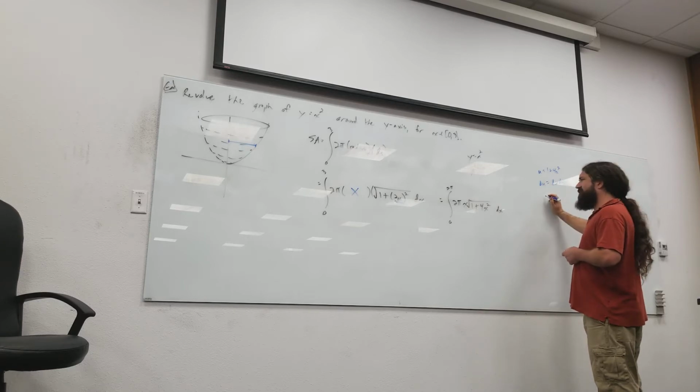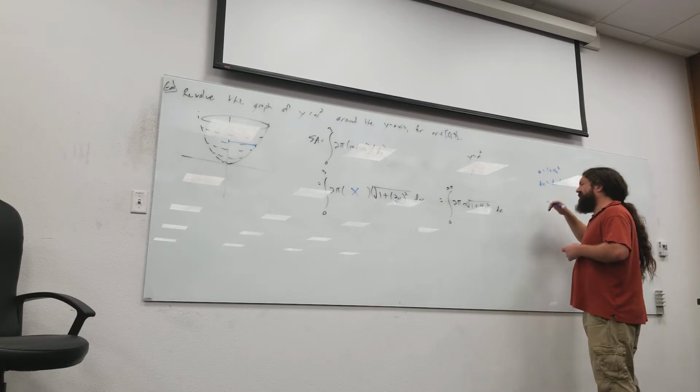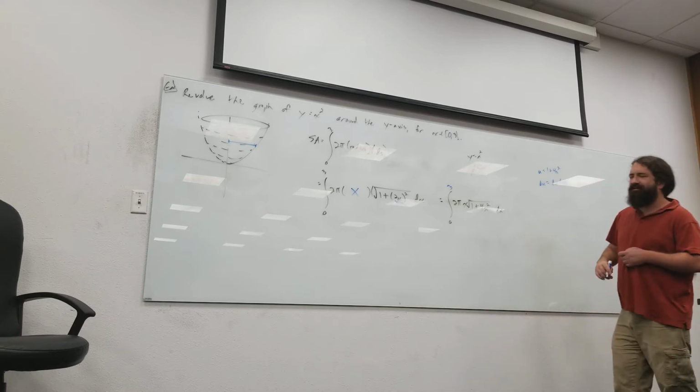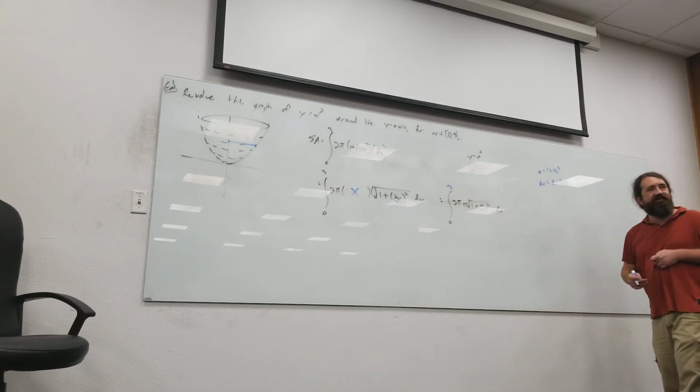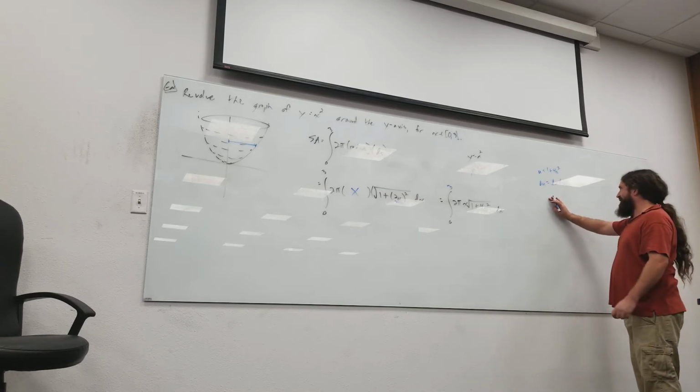Why'd you change your upper integration limit now? Do what now? The upper integration limit? It doesn't make any sense. Yeah, no, it's still 0 to 3. Sorry about that. Friday morning brain, that's why.